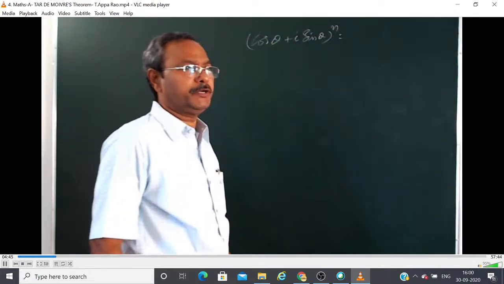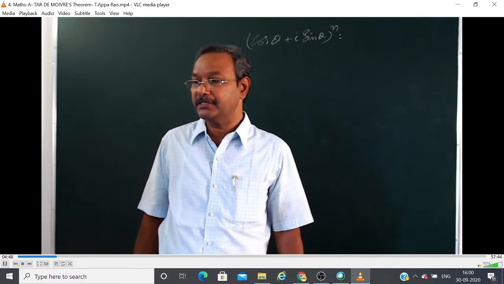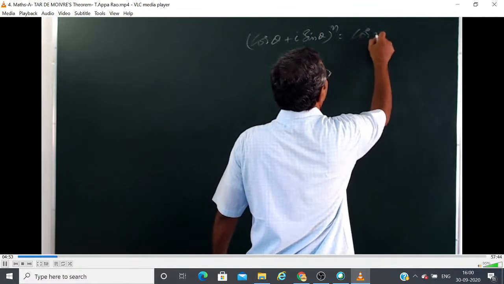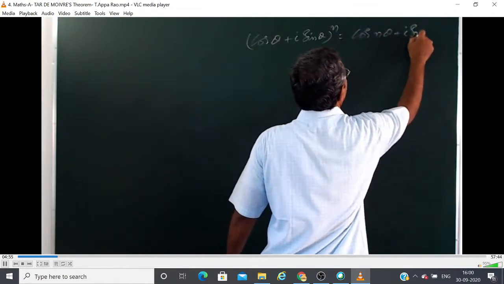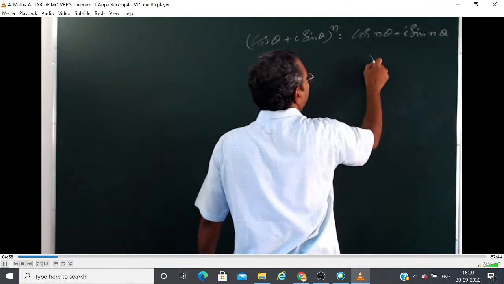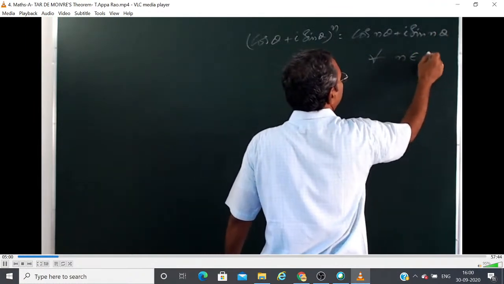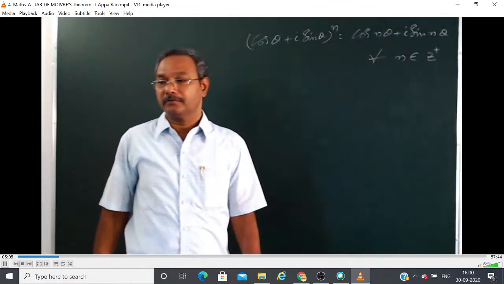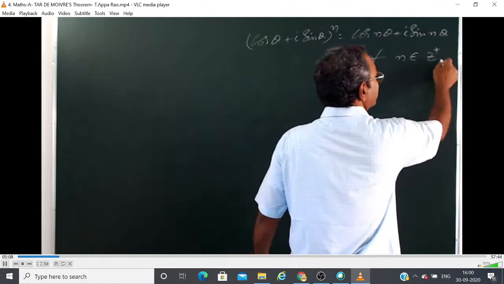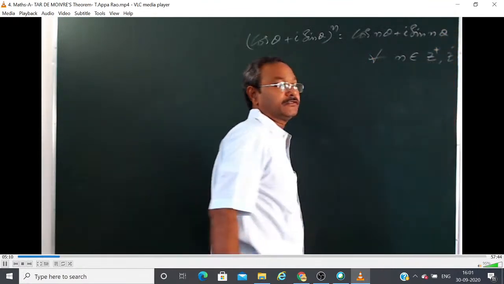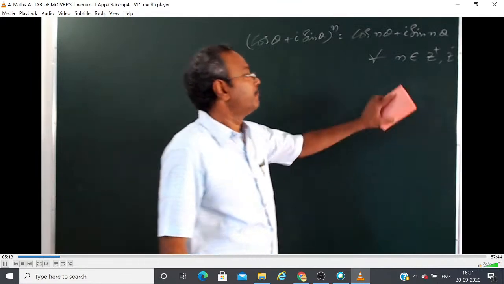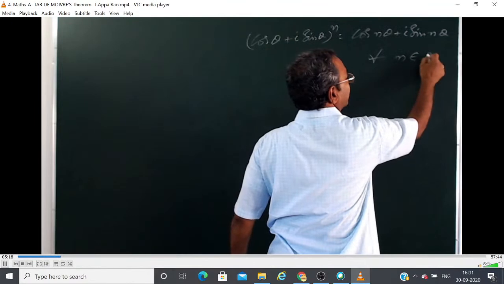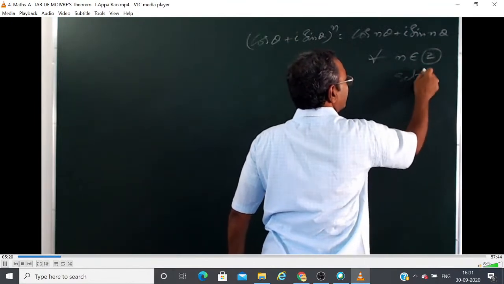when it is raised to a power n, that is, cos theta plus i sin theta to the power of n, it's nothing but cos n theta plus i sin n theta, for all n belonging to z plus, and for all n belonging to z minus, and in particular for 0 also. So we are going to write this as for all n belonging to z, the set of integers.